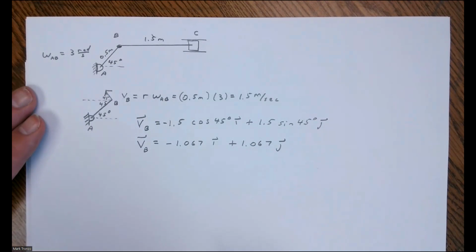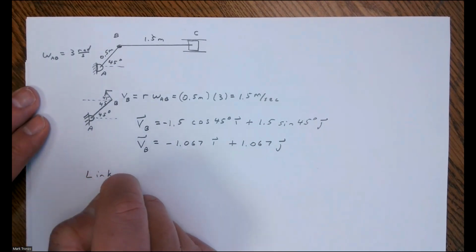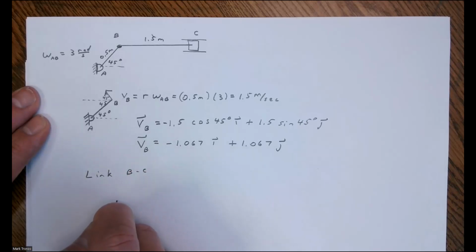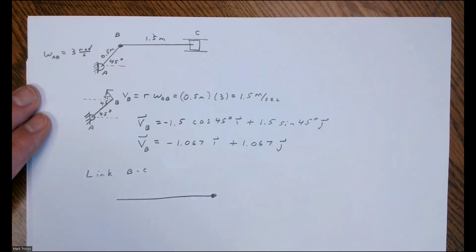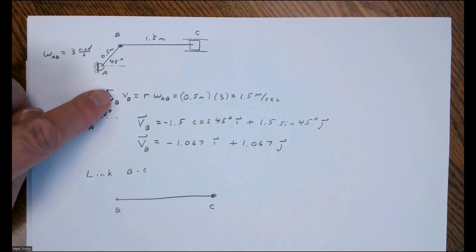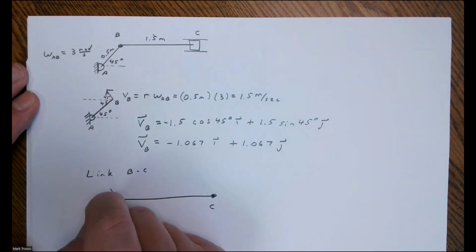So next, let's look at the link BC. And what do we know about it? First of all, we know that this is horizontal. And we also know, again, if this is C, this is B, and of course, we found the velocity of B over here.